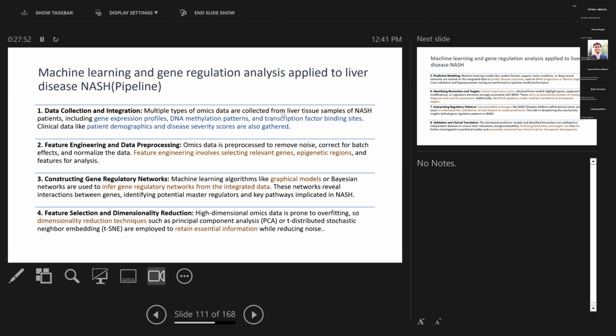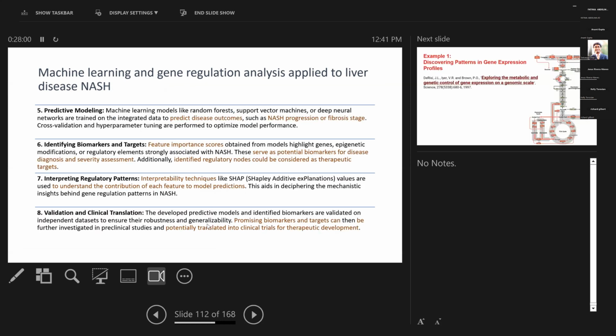Then we can select the features by doing dimensionality reduction. I've seen a lot of papers that use principal component analysis or t-SNE to retain essential information. Then we can use this data for predictive modeling to predict disease outcomes or predict the NASH progression or fibrosis stage. We can identify biomarkers and targets. We can score features by importance, and these features would serve as potential biomarkers for disease diagnosis and severity assessment, okay?